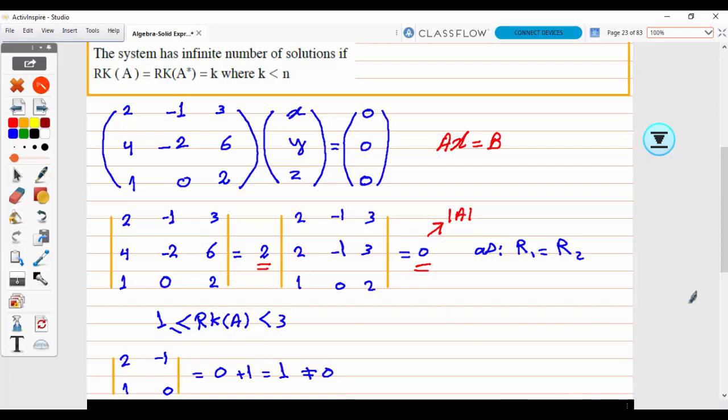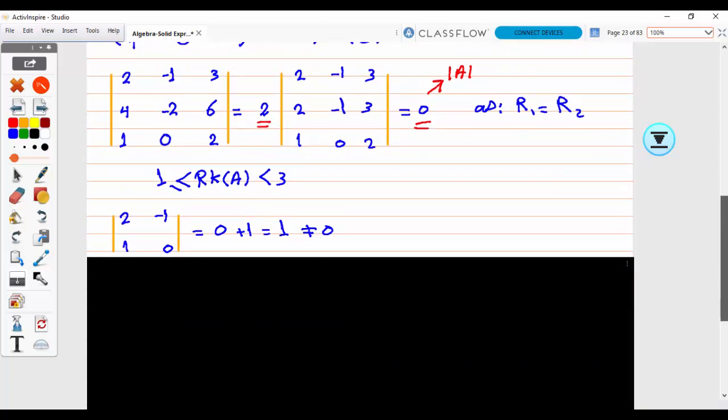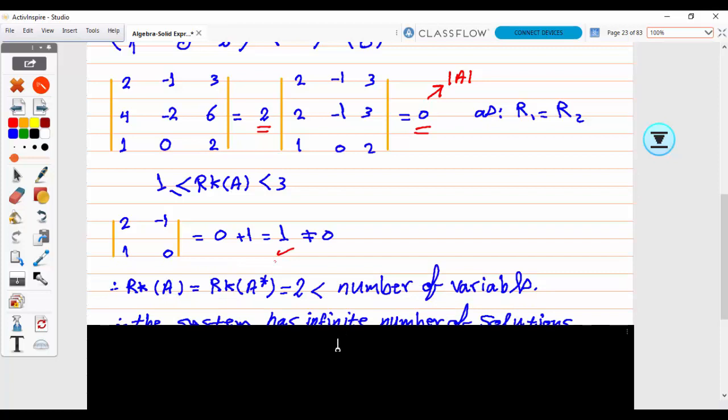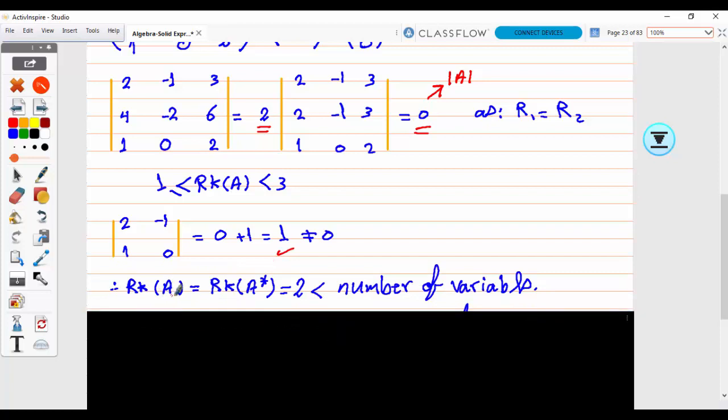We choose any minor determinant from this matrix, 2, negative 1, 1, and 0, and we find its value. It's 2 multiplied by 0 equals 0, minus 1 times negative 1 equals 1, which is not equal to 0. So the rank of matrix A equals 2.